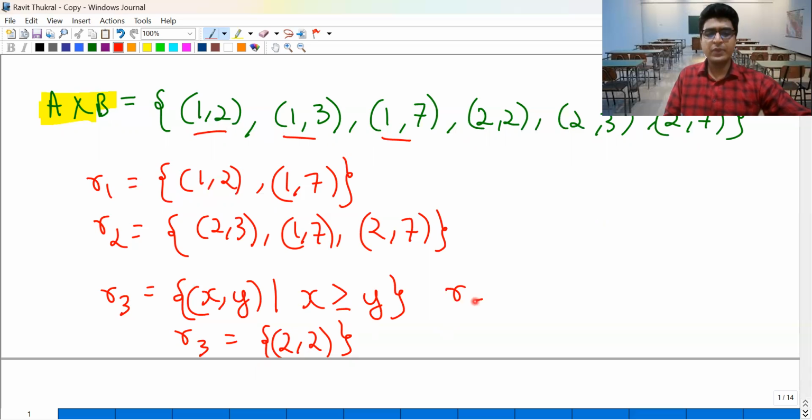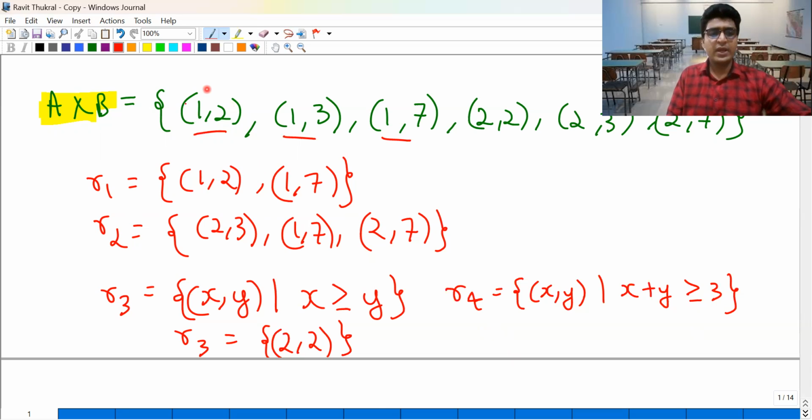We can also create a relation like all such ordered pairs such that x plus y is greater than or equal to 3. Okay, we can create such a relation. So here sum is 3, so satisfied. So R4 will contain this element, which is 1, 2. 1 plus 3 is 4, so this is also contained here. 1, 7, sum is 8, 2, 2, sum is 4, 2, 3, sum is 5, 2, 7, sum is 9.